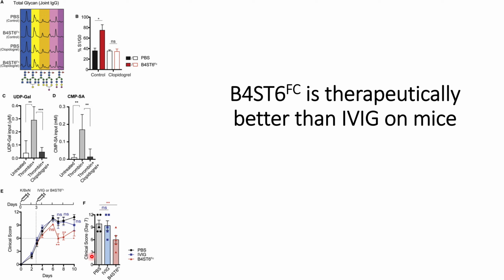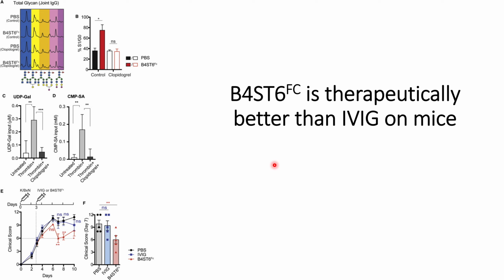Whereas IVIG does not result in suppression of the immune response, indicating that their custom engineered glycotransferase engineered antibodies, that is B4ST6FC, when they are co-administered, will result in a therapeutic reduction in the autoimmune response or inflammation, compared to the IVIG, which cannot achieve this in these mice models.